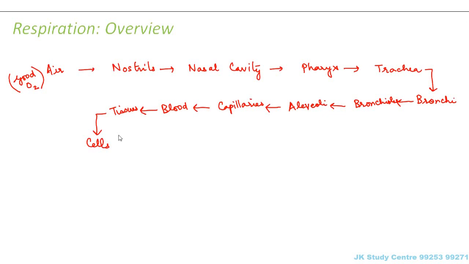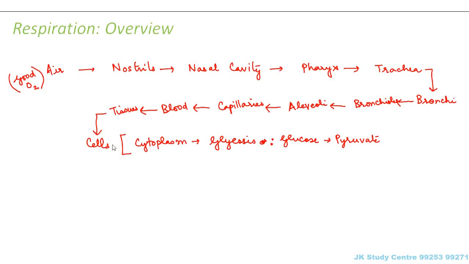Now, inside this cell, what will happen? Inside this, in the cytoplasm of this cell, which process will take place? Glycolysis will take place. Right? In the cytoplasm, glycolysis will take place where the glucose will get converted into pyruvate. Correct? Now this pyruvate had been waiting for oxygen because it needs oxygen for oxidation.